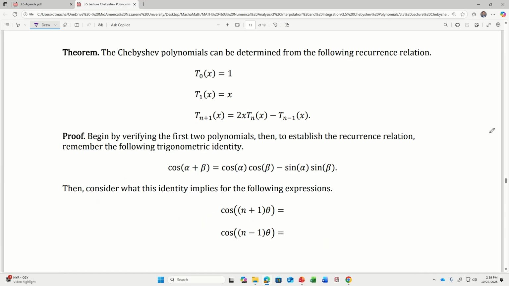We can also write a recurrence relation that makes it really easy to calculate what the next Chebyshev polynomial will be. If you remember that the first one, the degree 0 Chebyshev, is just equal to 1, and the degree 1 Chebyshev polynomial is just equal to x, then every other one can be determined by this recurrence relation.